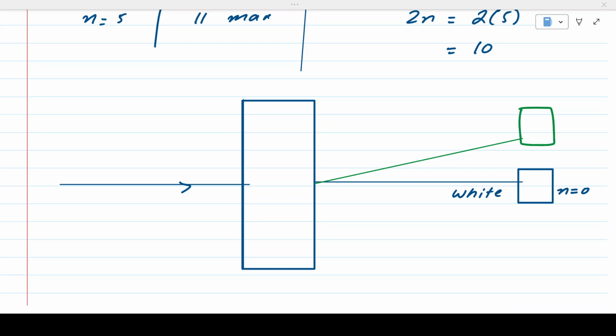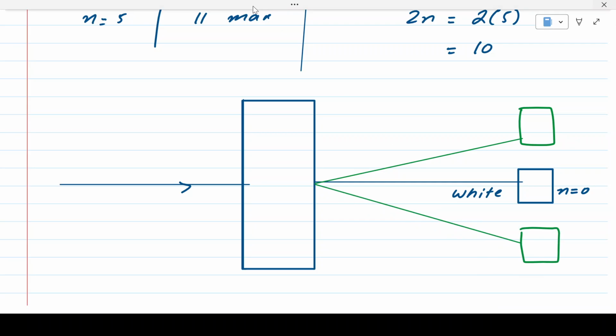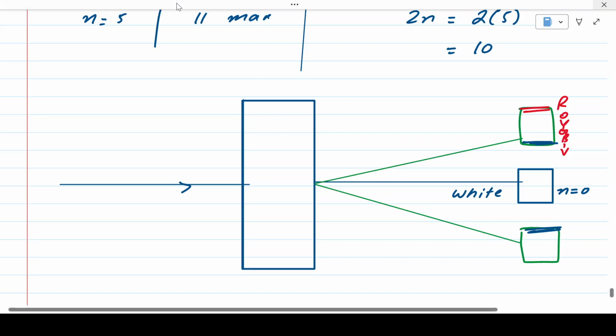So this kind of pattern would be n equals 0, n equals 1 at the top and at the bottom, but the colors would be red far away, red at the top, and violet closest to the center on both sides. So violet closest to the center, and red further away.